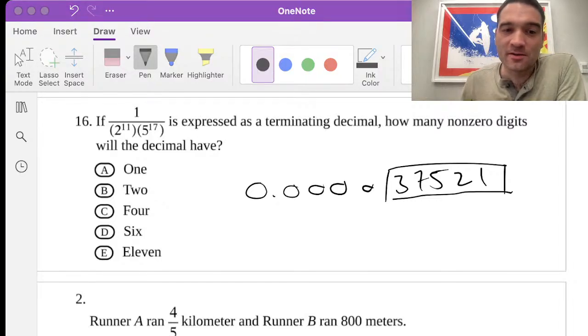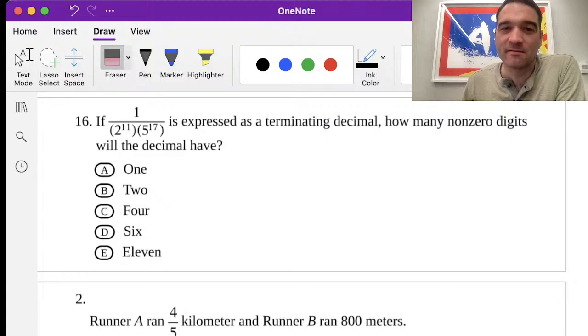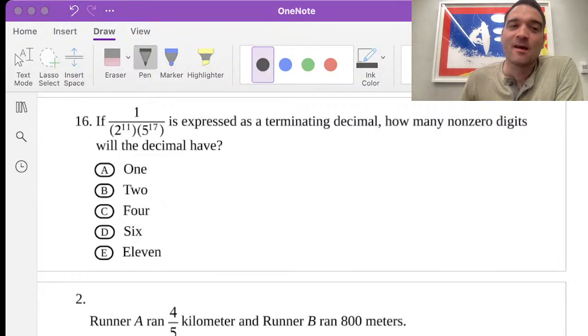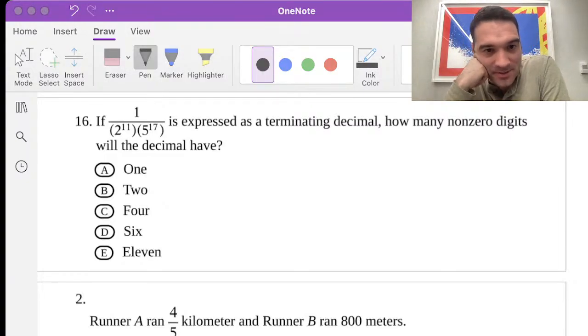Okay, well, here's how to approach this. And again, it's a little bit gimmicky, and you kind of have to know the trick, but I'm telling you the trick right now, so you'll know it. This may seem like out of left field. What's the prime factorization of 10?